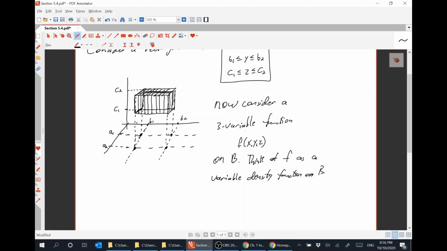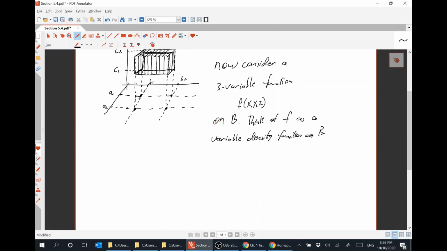It's not uniformly dense, okay? And it's a continuous function. So that's probably the easiest intuition to use with this, the idea of a density function. Other things you might think of is f as maybe a temperature function. At any given point there's a different temperature. I think density is a good idea.